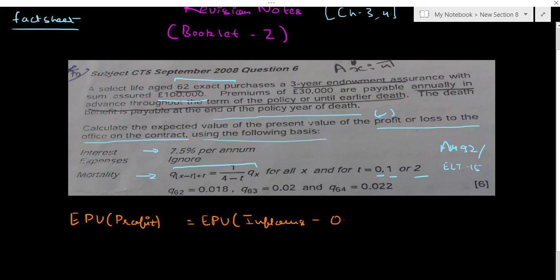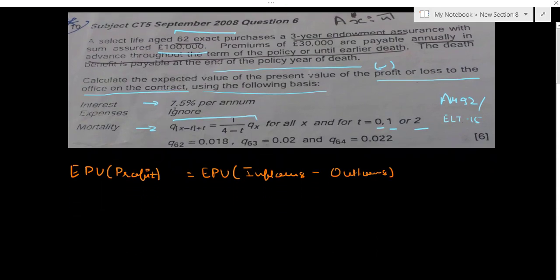Or simply speaking, as expenses are to be ignored, it would be the EPV of premiums minus the EPV of the benefits. Okay, so that's what we have to do.